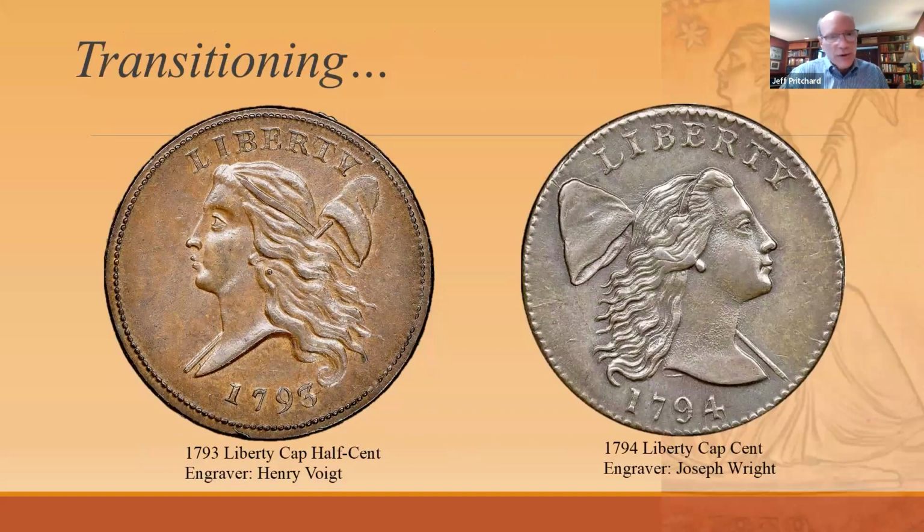Well, a few years later, we have our very early half cents and cents. And you can see that this is almost a carbon copy of that Libertas Americana medal done 10 years earlier by Augustin Dupre. And we see on both of these, the half cent to the left and the large cent on the right, that flowing hair style liberty. Again, a very innovative portrayal of a hairstyle at the time.